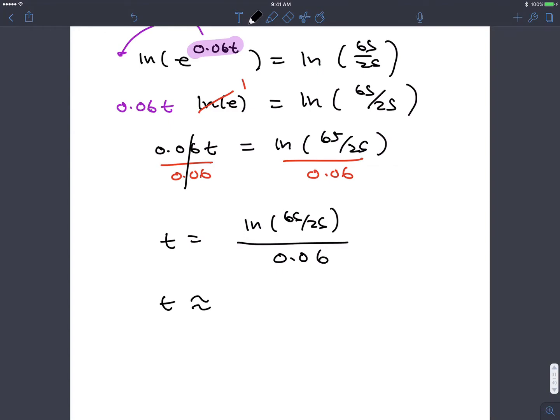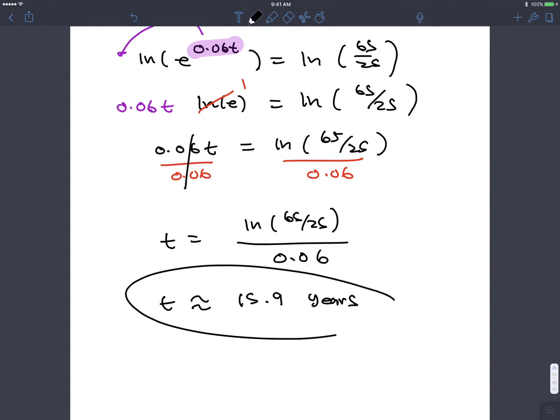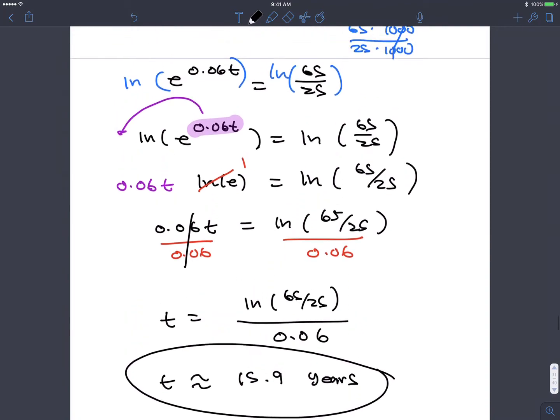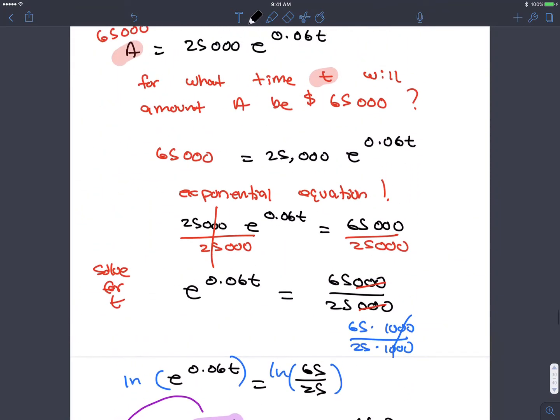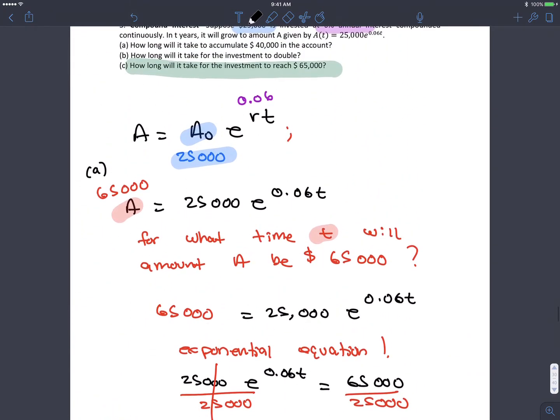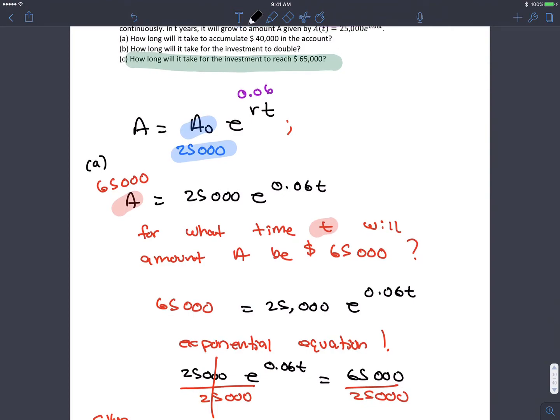Here's what our time's going to be. Let's use our calculator. And it looks like the time's going to be about 15.9 years. So it's going to take about 15.9 years for our money to grow from 25,000 to 60,000. This is the answer now for C.